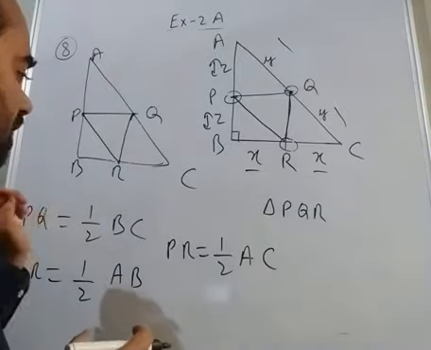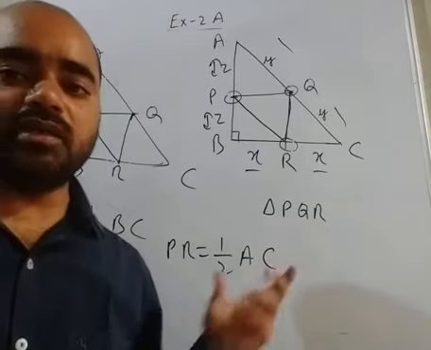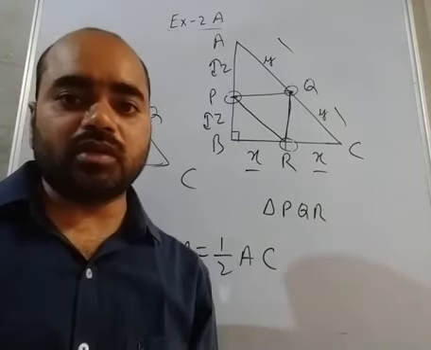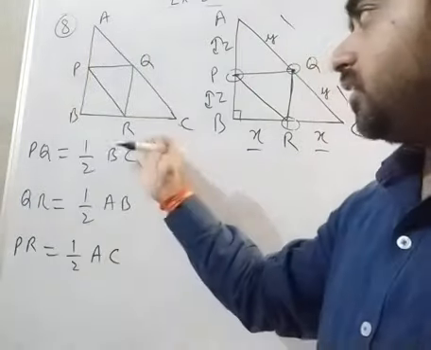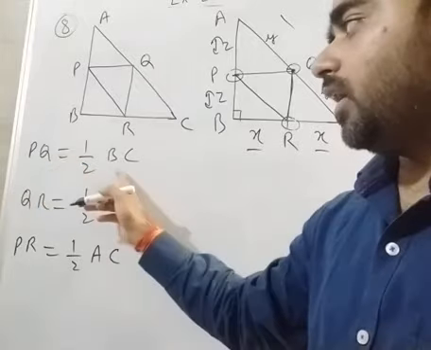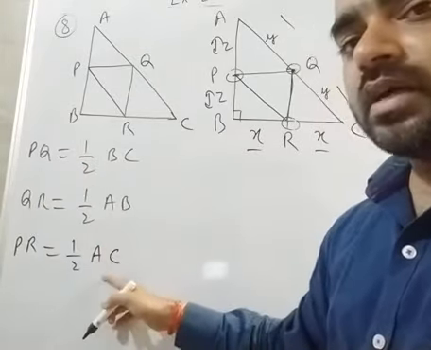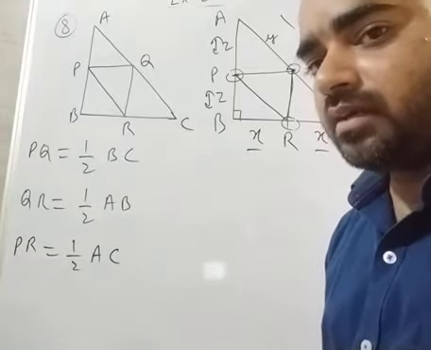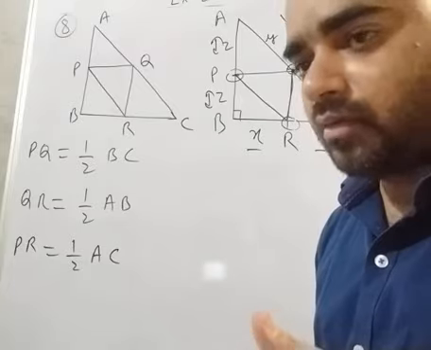Now you can see that if PQ is half BC, then we can find the values of all the sides. In triangle PQR, again I have written PQ is half BC, QR is half AB and PR is half AC. We join the midpoints, and that equals half of the opposite side.